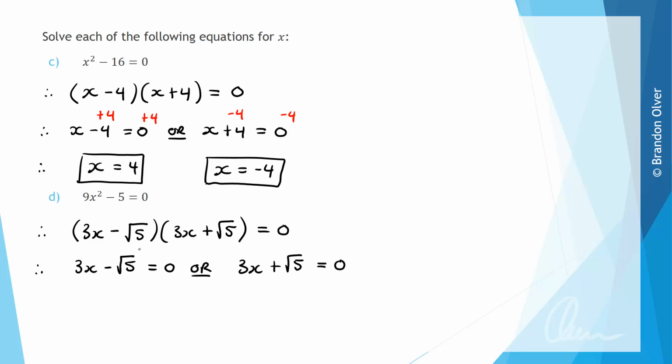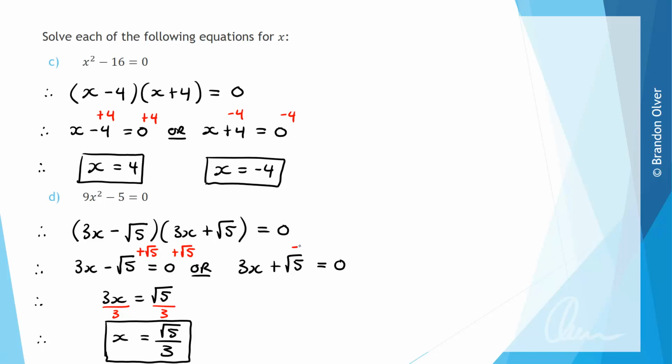Now if we solve these equations, we could add the square root of 5 to both sides of this equation, and that would give 3x is equal to positive square root 5, and then we could divide both sides by 3, and that would give x is equal to the square root of 5 over 3 as one of the solutions to this equation.